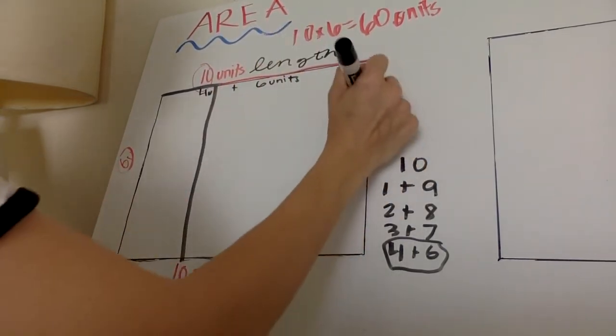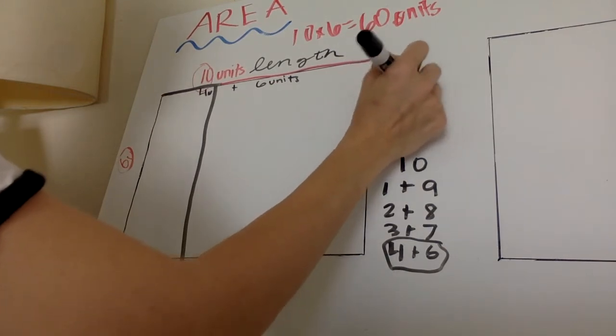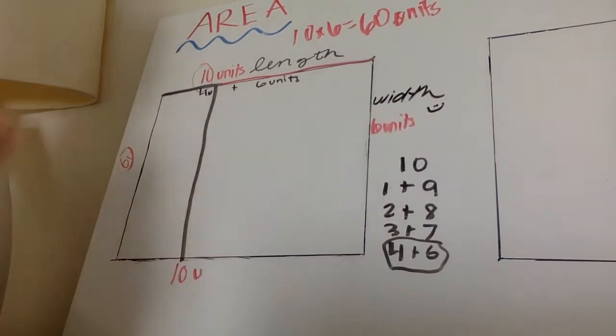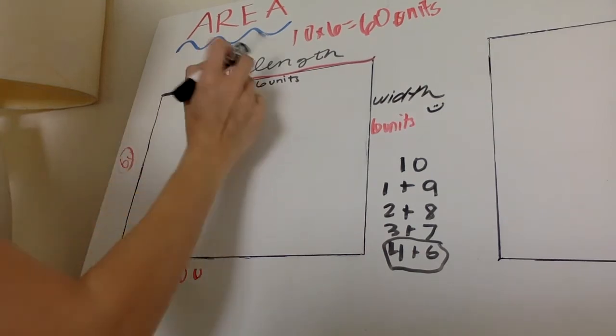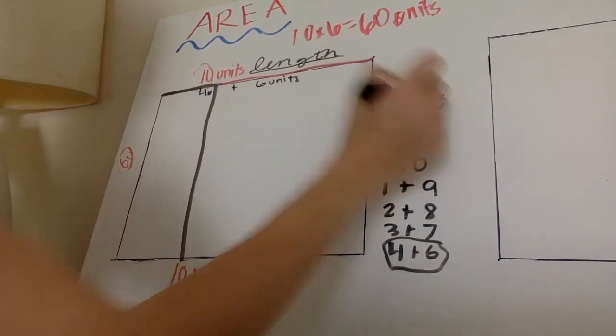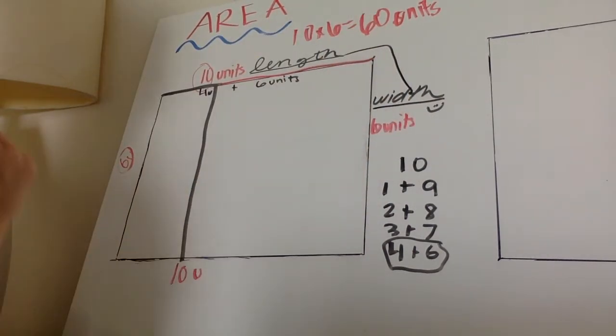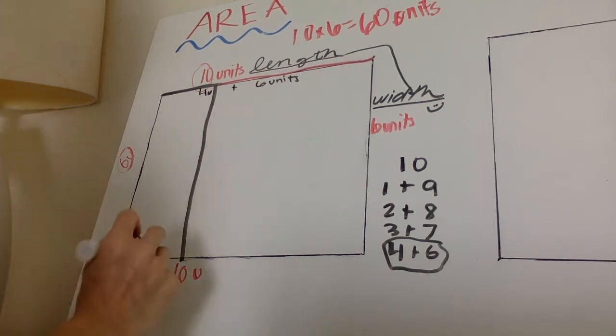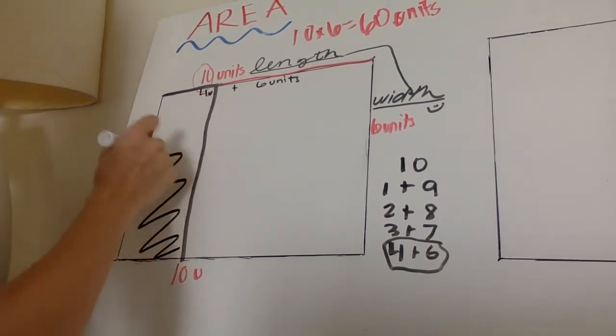By the way, this is the width. Yay. Okay, see if you can make an observation what we do with the length and width for area, and comment below. Okay, so now our next job is we have to find the area of this space right here.